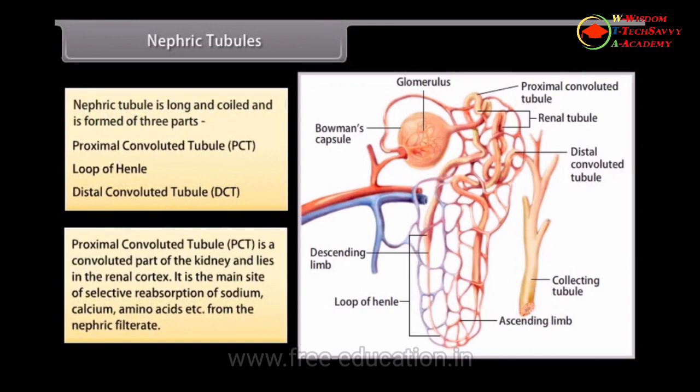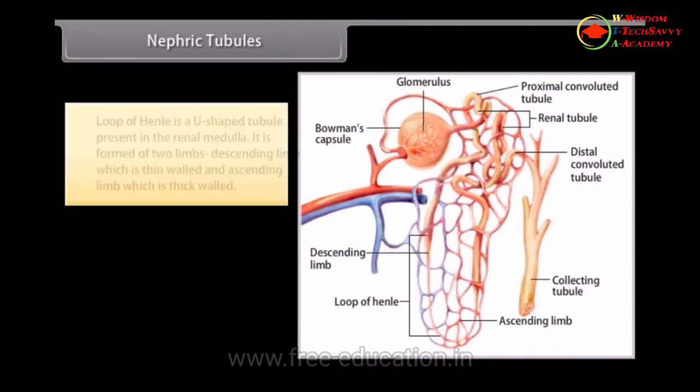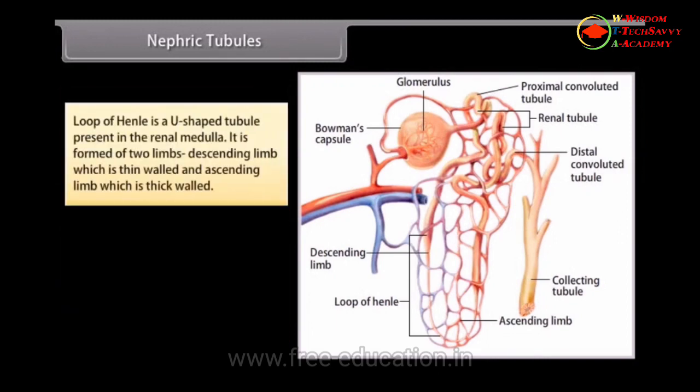It is the main site of selective reabsorption of sodium, calcium, amino acids, etc. from the nephric filtrate. Loop of Henle is a U-shaped tubule present in the renal medulla. It is formed of two limbs, the descending limb which is thin-walled and the ascending limb which is thick-walled.